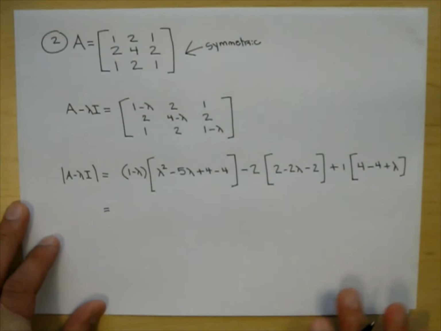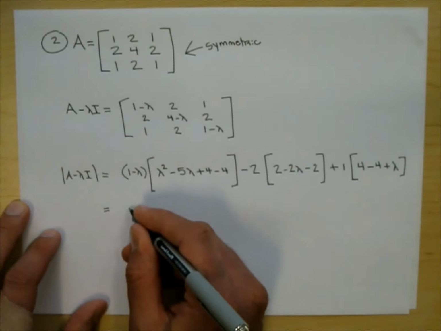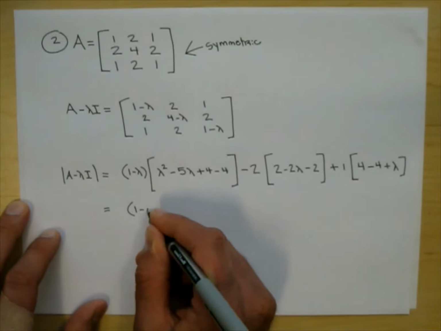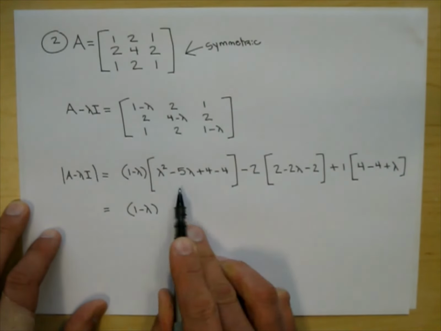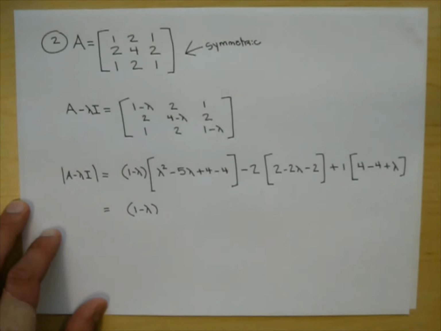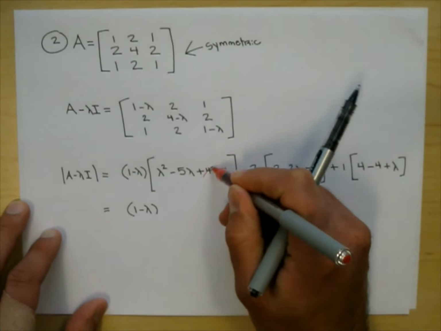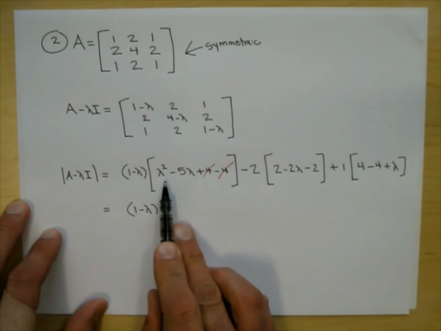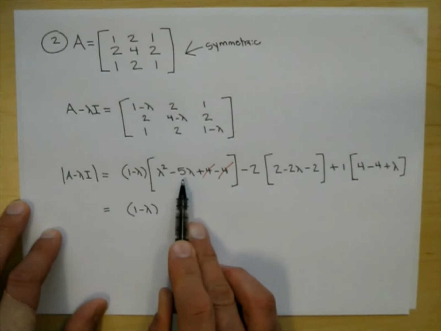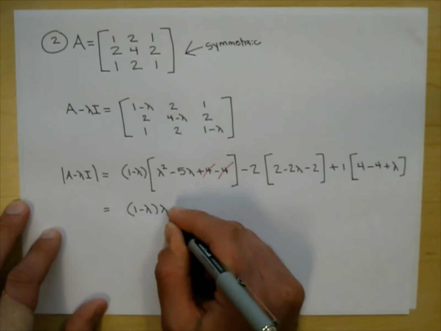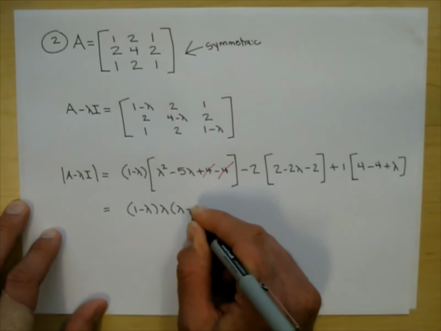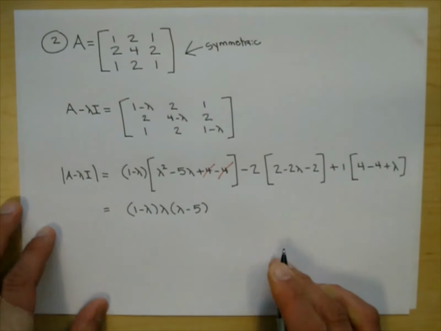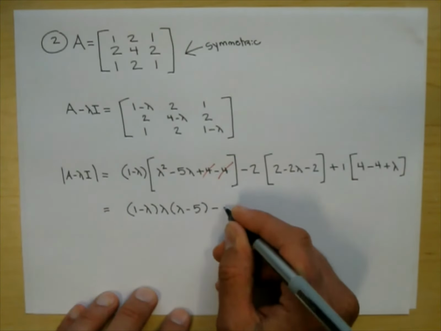So what do we have here? We have 1 minus lambda. Inside the parentheses, those 4's are out of there. And so I have a lambda squared minus 5 lambda. I can factor out a lambda here, so lambda minus 5. And over here we have minus 2.